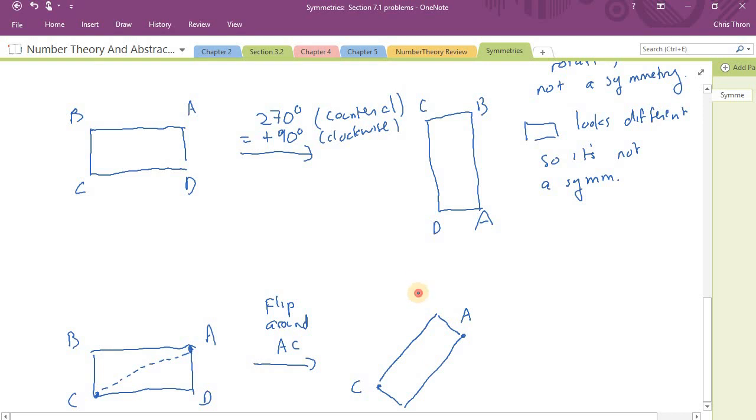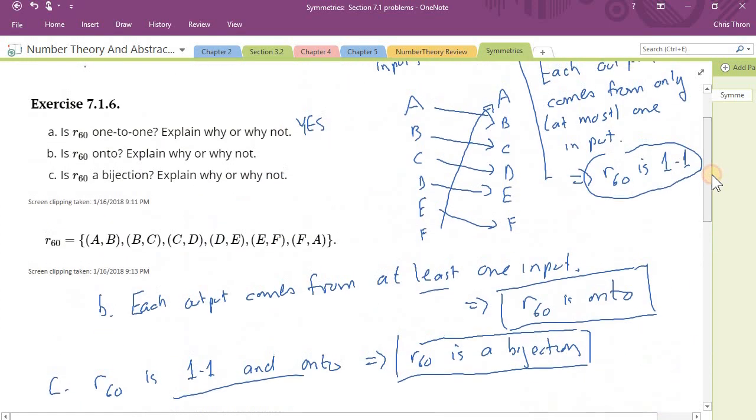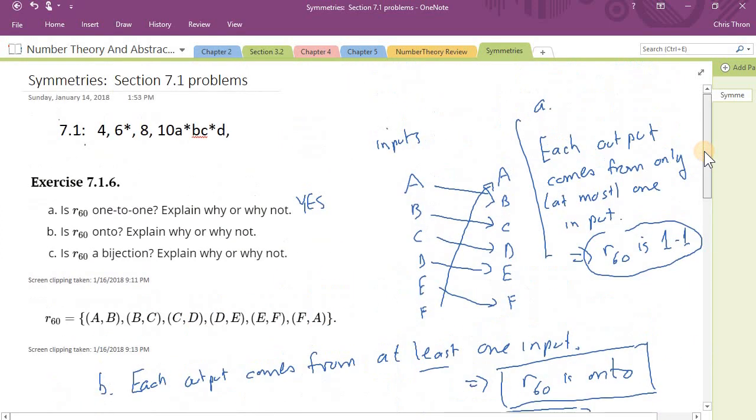So I'm going to have D here and B here. All right, the important thing is that the AC doesn't move, but the B and the D are certainly not going to preserve this shape. So you can say the rectangle is in a different position. So it's not a symmetry. Okay, so that takes care of the second problem here in part 1.